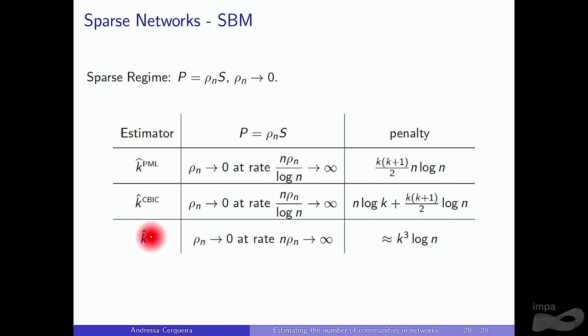And for the integrated likelihood, we got something like K to the power 3 log n. Almost the BIC penalty term. So this is interesting because we don't need to penalize too much, actually. And it's shown through empirical results, through simulations, that these estimators should work well if we have a BIC penalty function, so something like K squared log n, right?